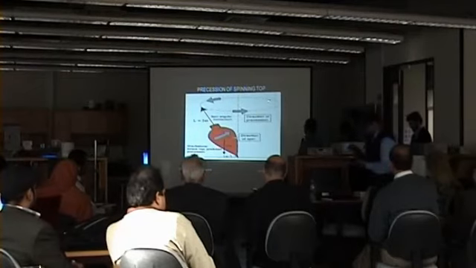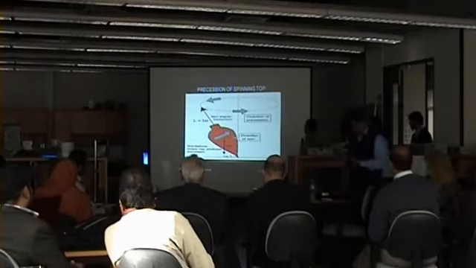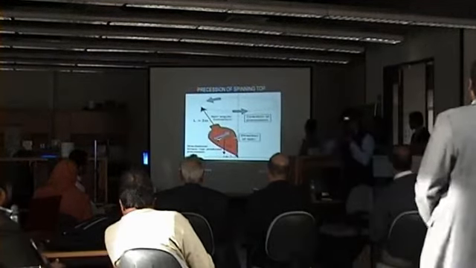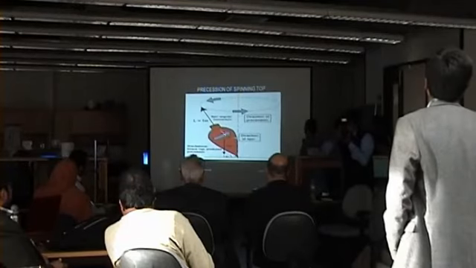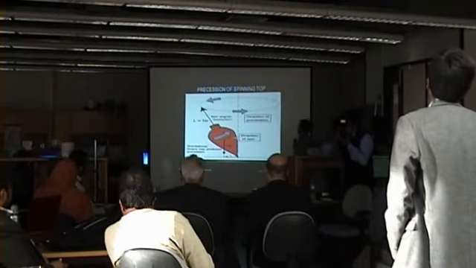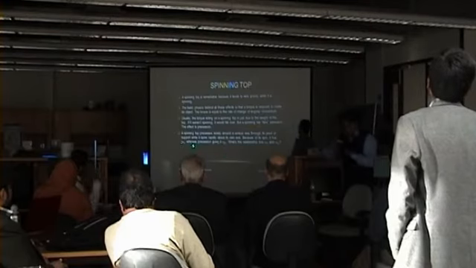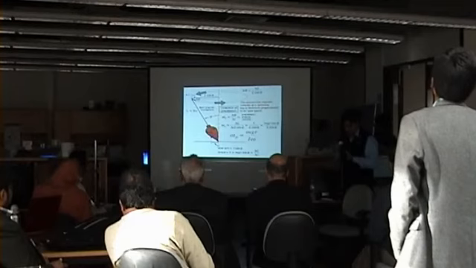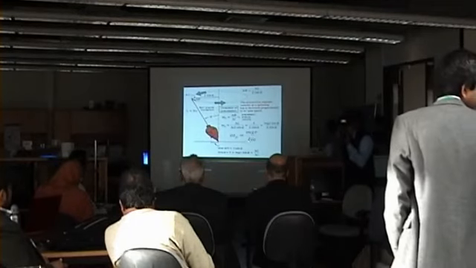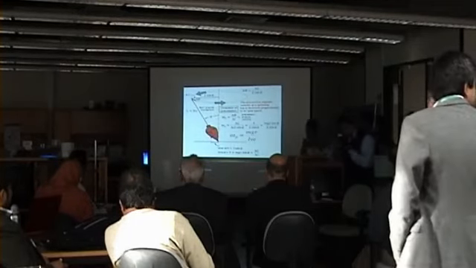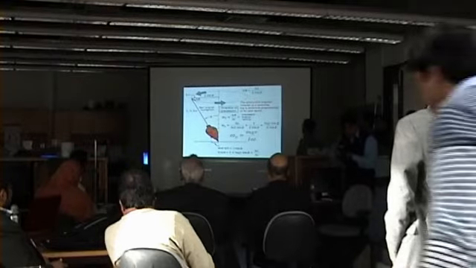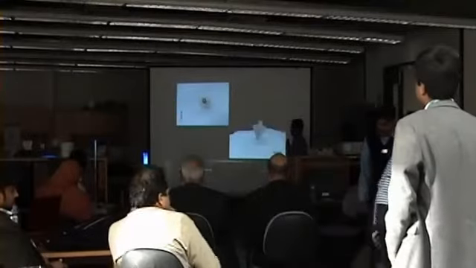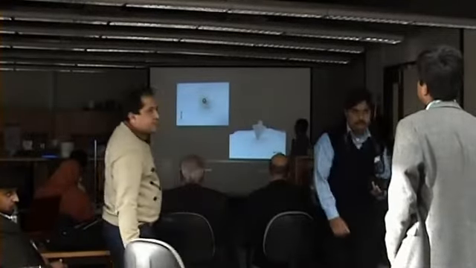The velocity associated with this angular motion is omega p, the precessional angular velocity. And as it spins about this axis, there is some angular velocity, and that is the spin angular velocity. So there are two angular velocities, and there is some mathematics. This is the spin angular velocity, this is the precessional angular velocity, and they are inversely related to each other. It can be shown.